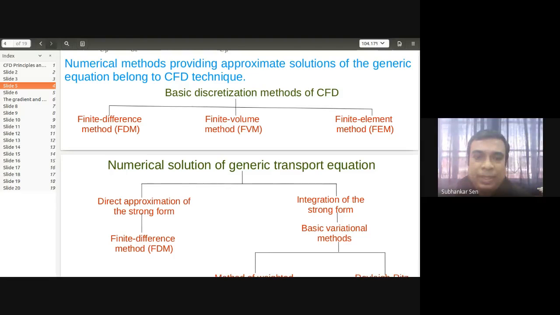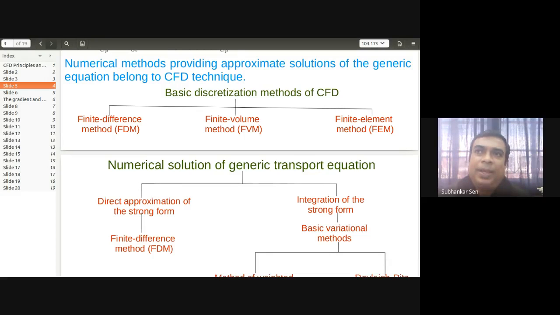So FDM cannot be used on an unstructured grid. There are two types of basic meshes. The approximation of the domain for solving the problem is known as mesh generation or grid generation. There are two basic kinds of grids: the structured grid and the unstructured grid. By structured, we mean that there is a specific structure, an organization in the grid formation.